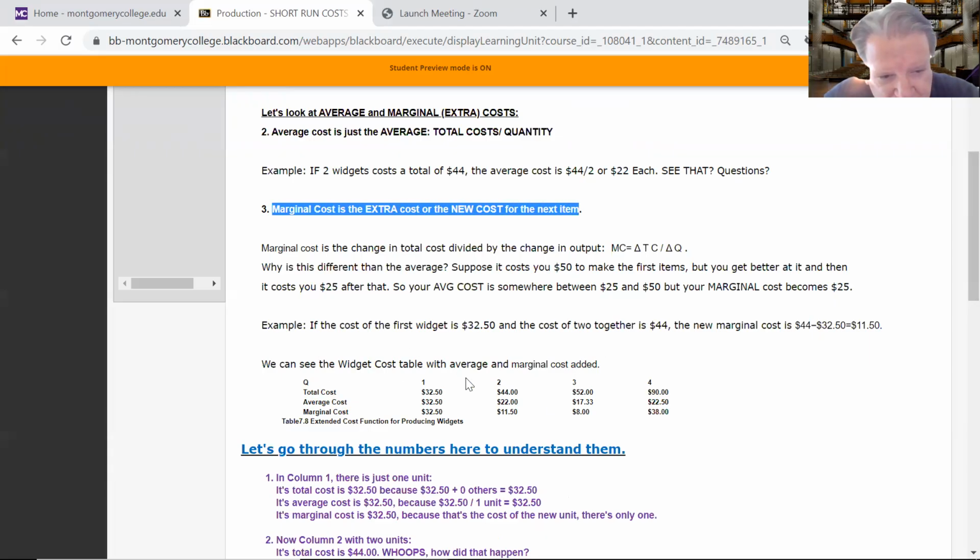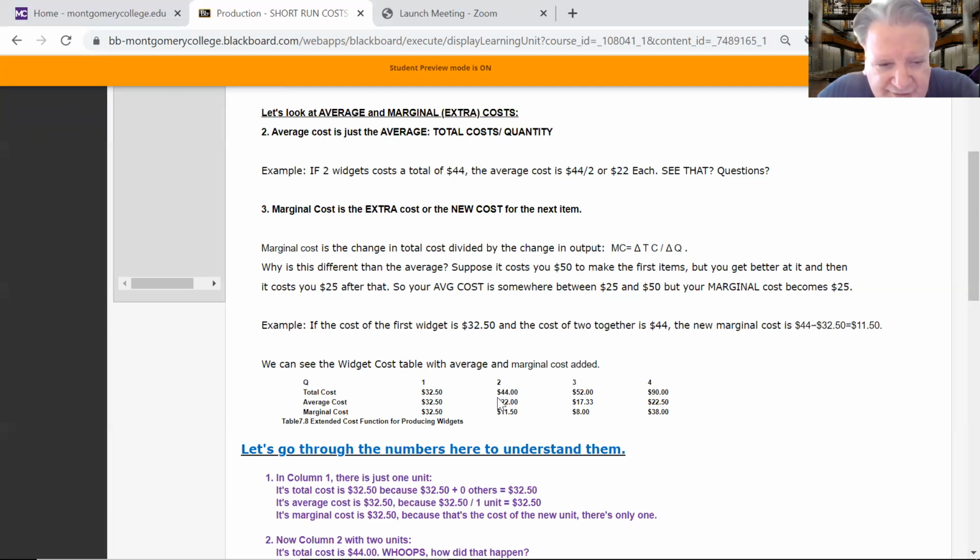So looking at this schedule down here, we see that we start out when we make 1 unit, all the costs are the same because your average is $32.50 divided by 1, which is $32.50. Your marginal is the cost of your new unit. You only have 1 unit, so it's also $32.50. But then they start to diverge.